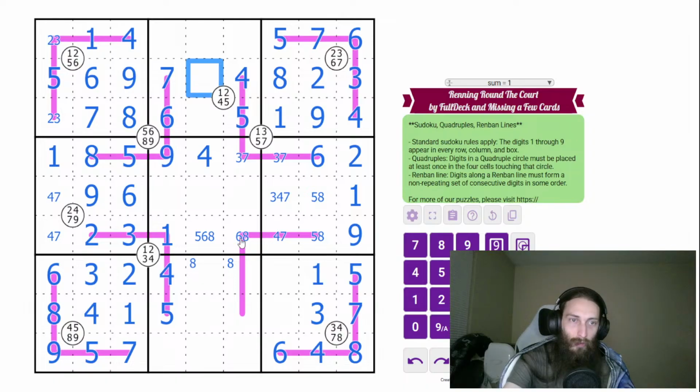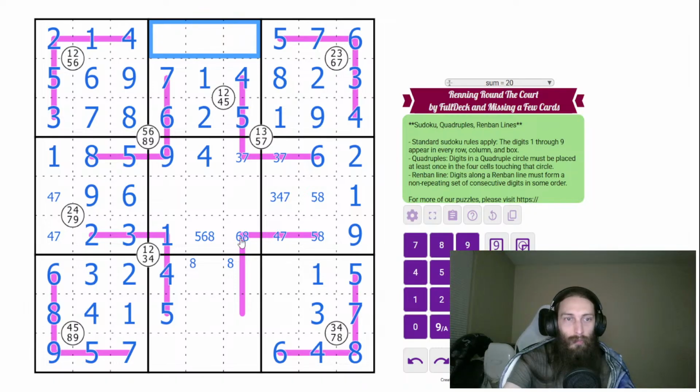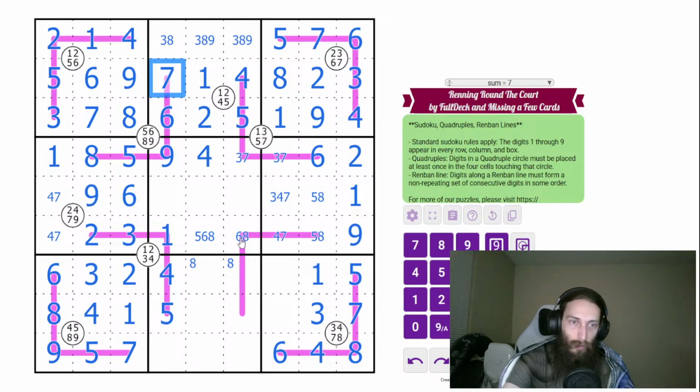Oh, well, this one has to be a 1 and a 2, so that gives us 3 and 2, which I could have done earlier because that's 1, 2, 5, and 6. I feel a little silly for that, but 3, 8, and 9 is what I think is left over. And then this 9 takes the 9 out of there.